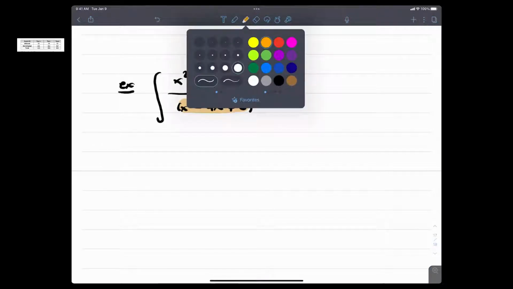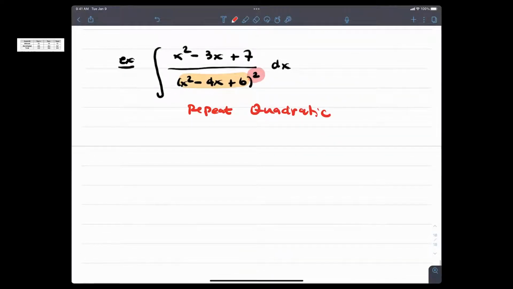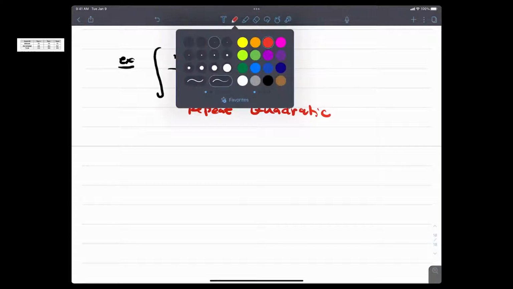This one is a repeat quadratic. Repeat quadratic.